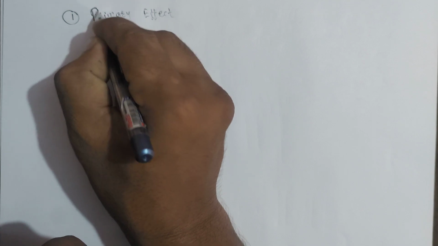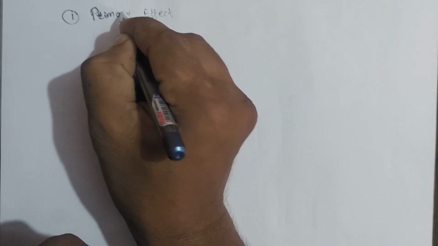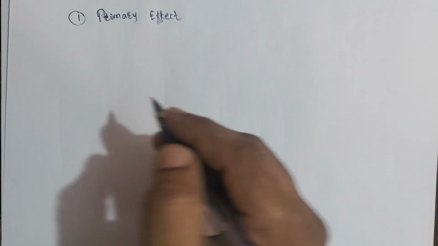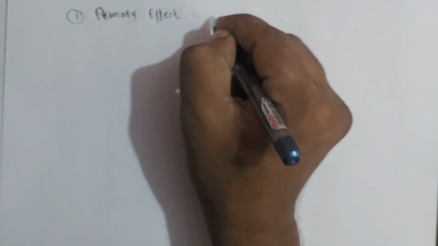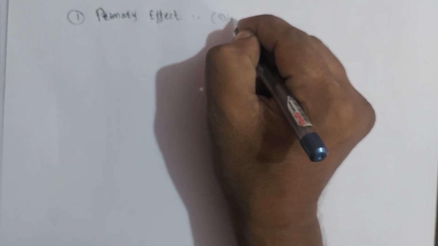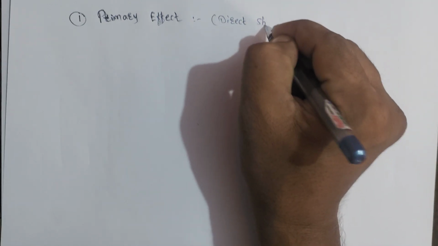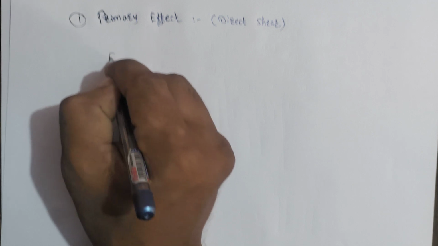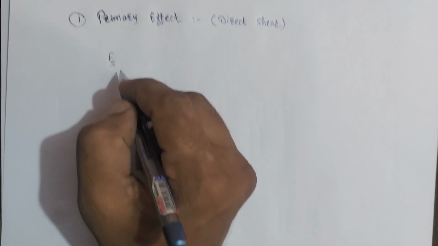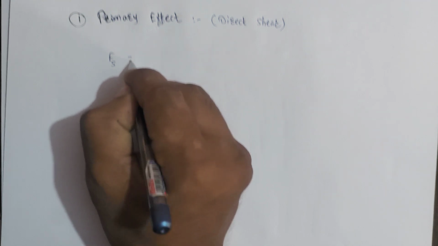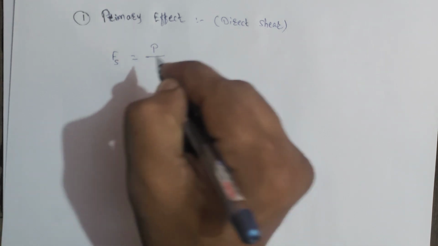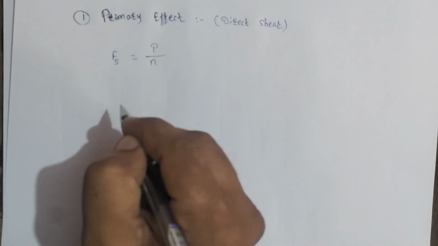So let's see first the primary effect, that is nothing but direct shear force. So let's say Fs is the shear load acting on each bolt, which is equal to P, the total load acting on the bracket, divided by the number of bolts.